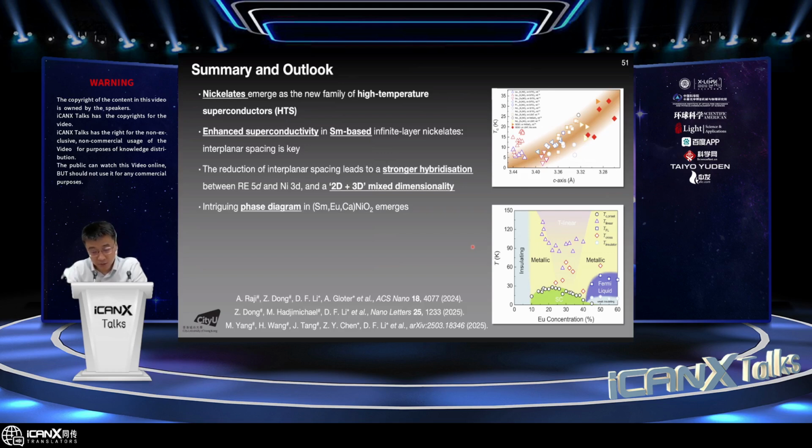I talked to you about our recent efforts in increasing Tc in this system by introducing smaller ion elements such as samarium. And I also showed you some current progress in trying to ask the question about the role of samarium and europium in the ground state of this infinite-layer nickelate system.